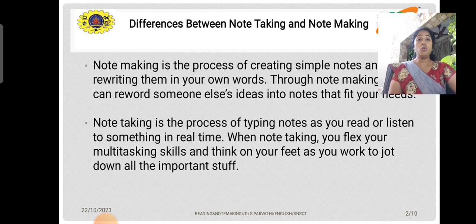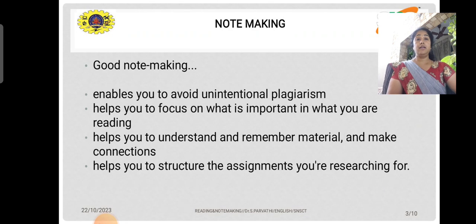Note making, while reading, you will get the points or you will write it on your own. Note taking, after reading or listening to something. Okay, so this is note taking. Check your multitasking skills.